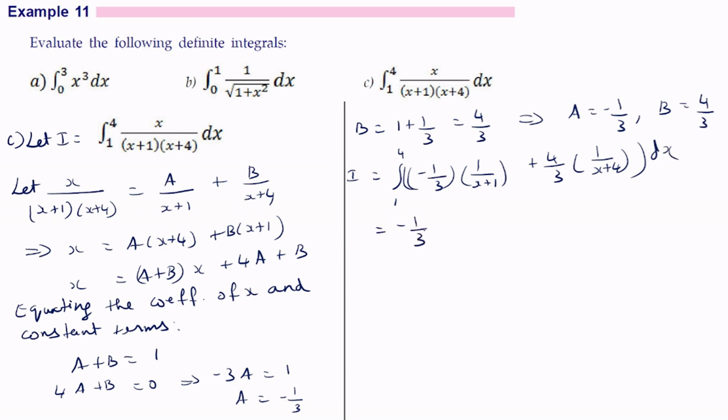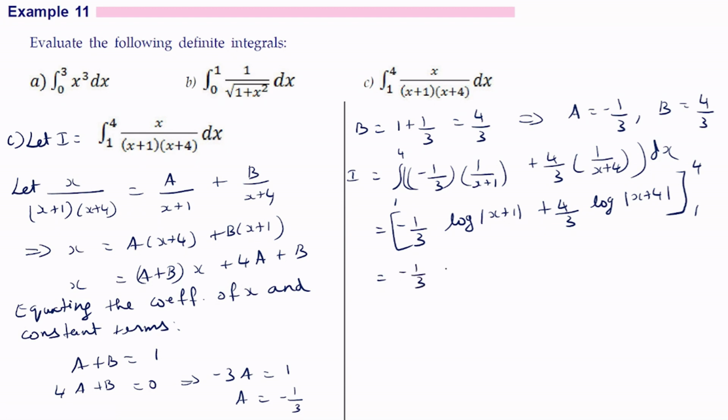So this is minus 1 by 3 into log mod x plus 1 plus 4 by 3 into log mod x plus 4 with the limits 1 to 4. So first we substitute the upper limit, that is we substitute x as 4, then minus we substitute x as 1.